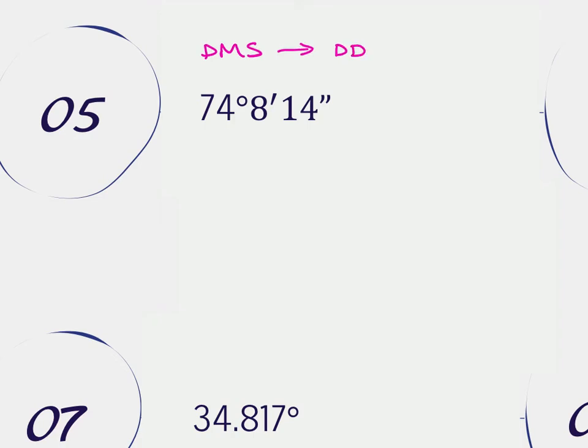Add, divide, add, divide. So I'm going to take 74 plus 8 divided by 60 plus 14 divided by 3,600. So 8 divided by 60 is 0.13 repeated. I'm leaving that in my calculator because I want to keep it as exact as possible.